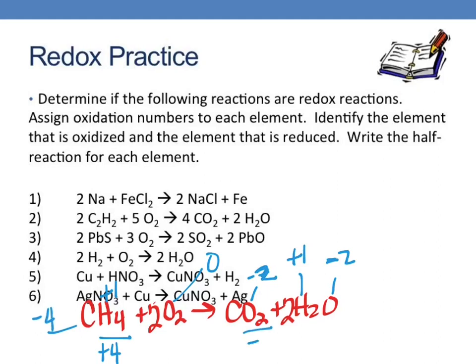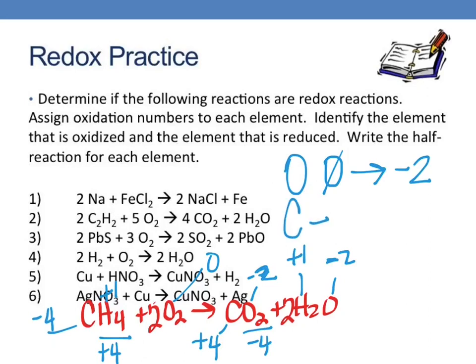Here we have a total of minus 4. So what's carbon's number here? Plus 4. So whose number changed? Oxygen goes from being 0 to a negative 2. And carbon goes from being a minus 4 to a plus 4.